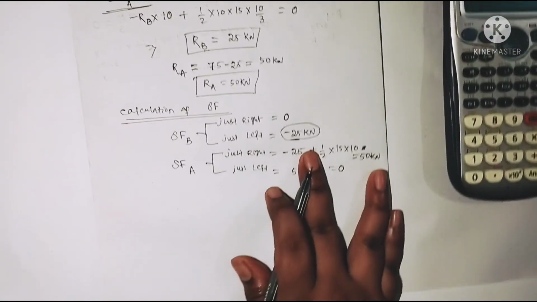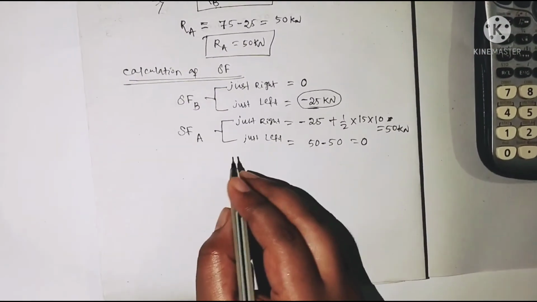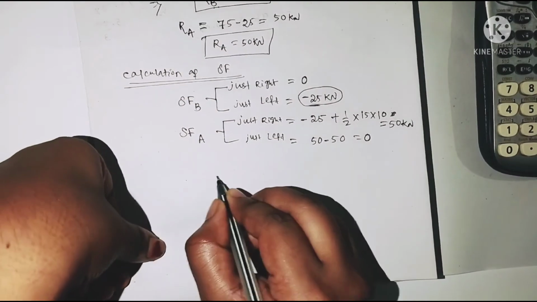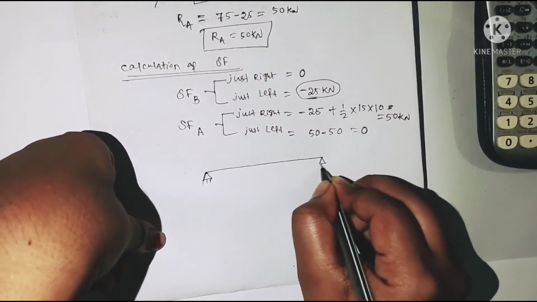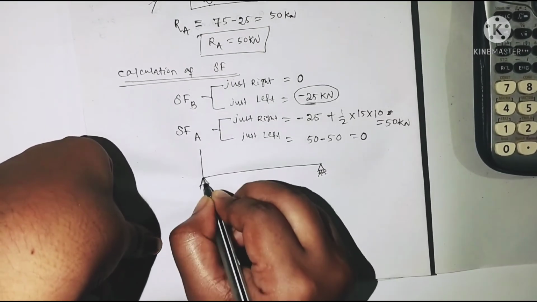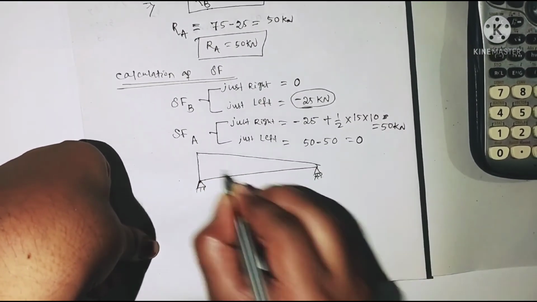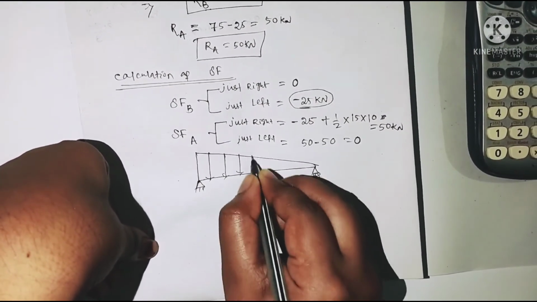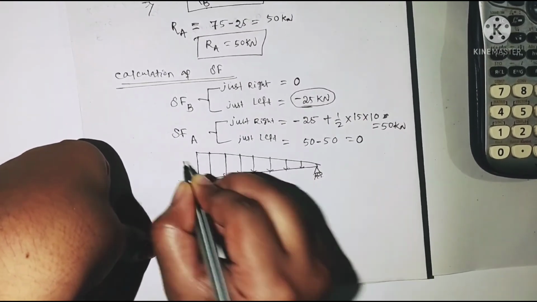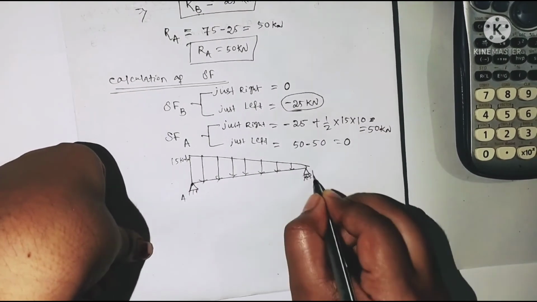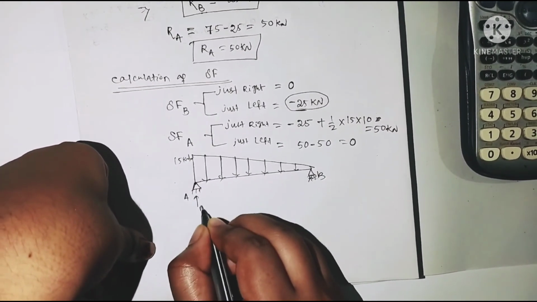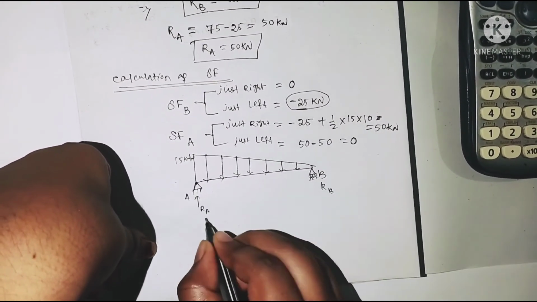Now we draw the simple shear force diagram. It's very simple. I draw the beam for each calculation. That is 15 kilonewton per meter, this is point A, this is point B, this is Ra, and this is Rb.